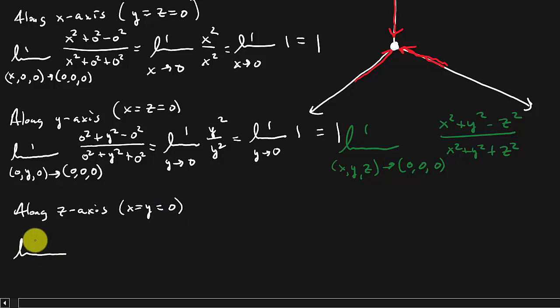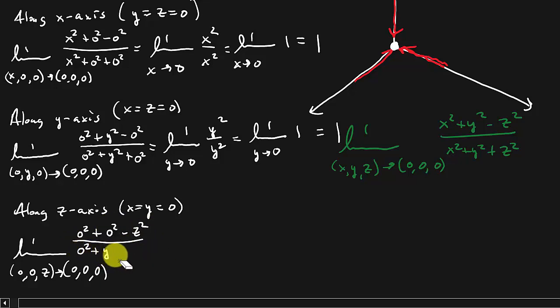So that's going to be the limit as 0, 0, z goes to 0, 0, 0. And that's going to be 0 squared plus 0 squared minus z squared over 0 squared plus 0 squared plus z squared.